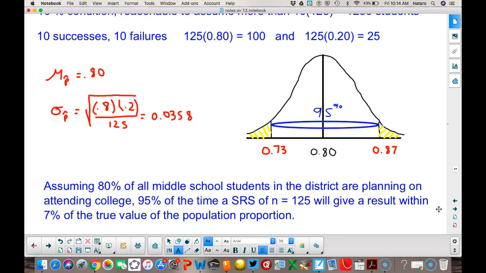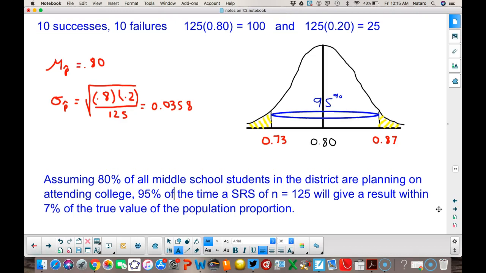Oops, this should say "of the time." Let me fix that there. There we go. So, assuming that 80% is the true value, 95% of the time we will be within 7 percentage points, so we'll have a pretty good idea of what the true value is.